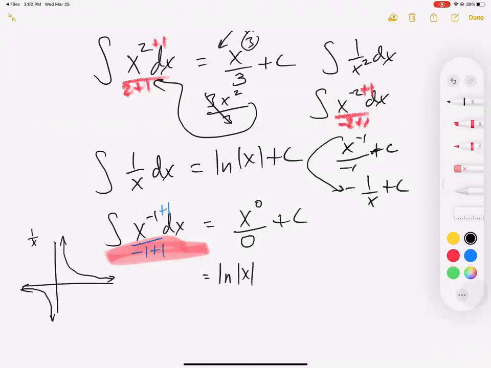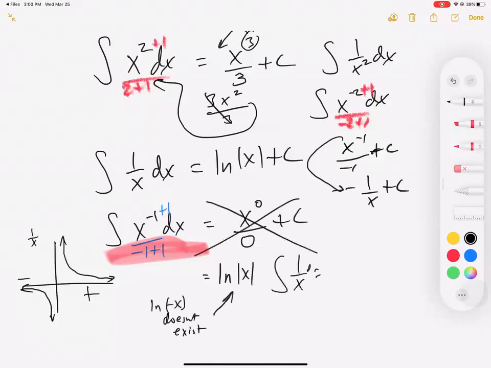And it's absolute value because it's positive on one side and negative on the other side. And natural logs cannot be negative. You can't do this, it doesn't exist. That's why we need an absolute value sign. Okay, so that's why we don't do this. All bad. Instead, the integral of 1 over x dx is the natural log of absolute value of x.